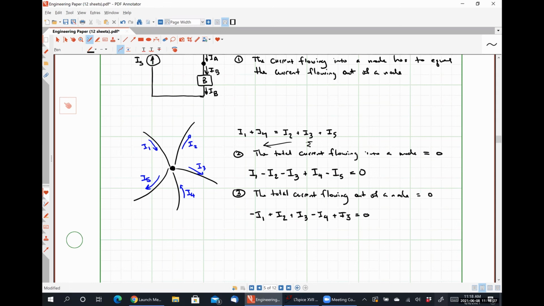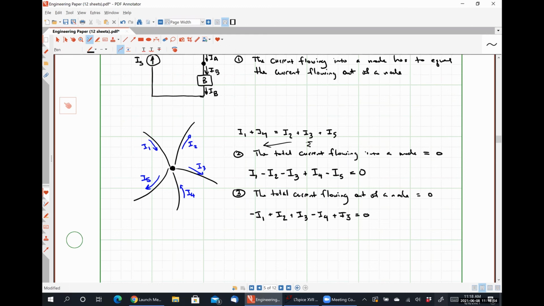This is the exact same thing as our expression from number 2, but just multiplying both sides by -1. So we're looking at it from a slightly different perspective. All three of these methods of approaching Kirchhoff's current law are valid because they all exactly represent the same thing, just from a slightly different perspective.